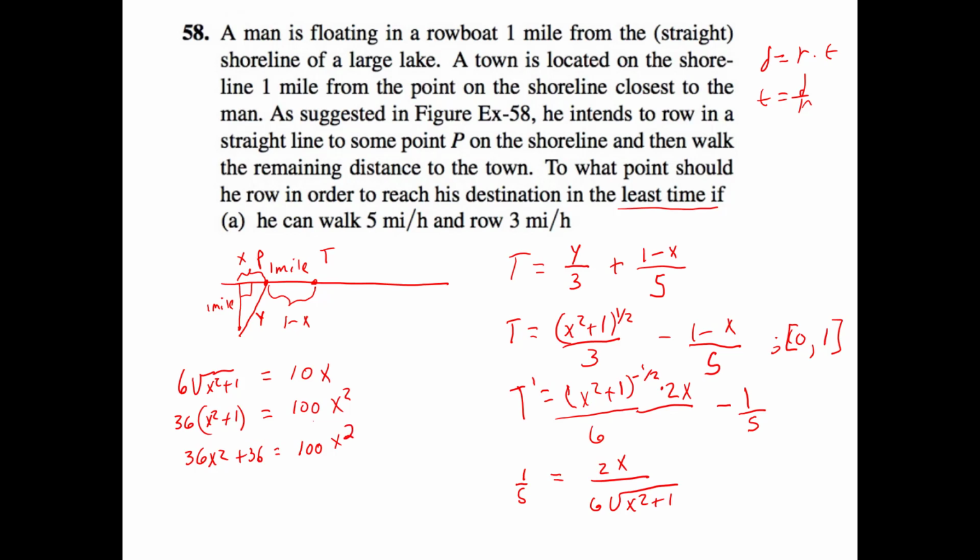And now we get 36 is equal to 64x squared. Let's just divide by 64. And so then you'll get 36 over 64 is equal to x squared. And so then x is equal to 6/8, which is 3/4.